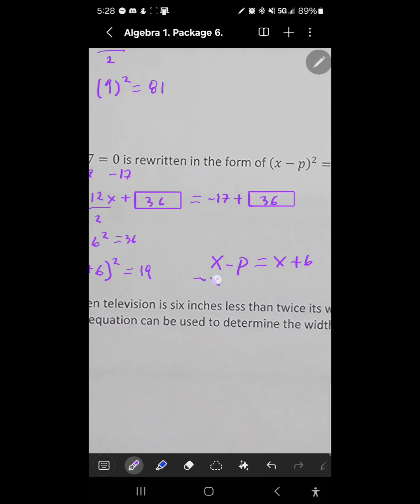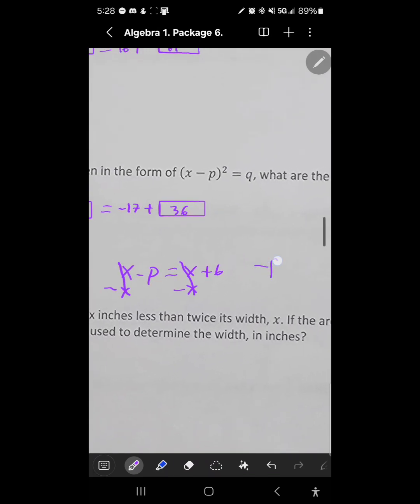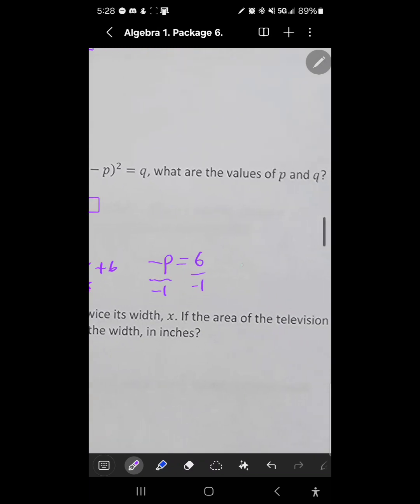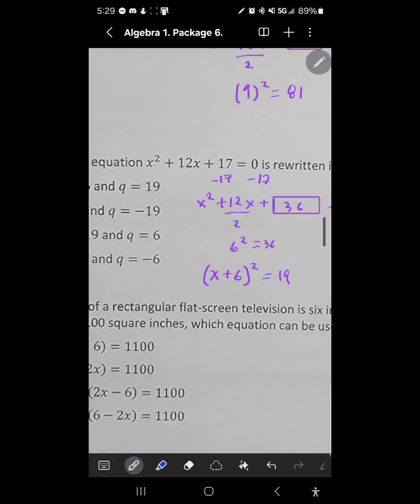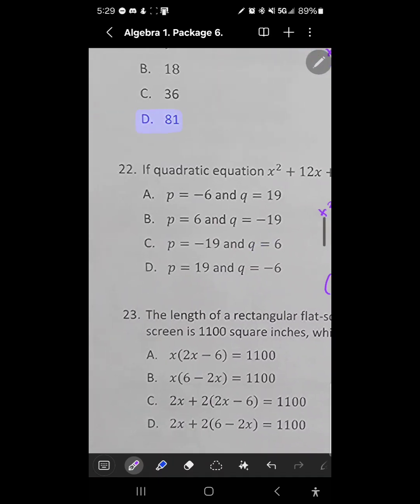So we can subtract x from both sides and just get rid of the x, and I have minus p equals 6. Now if I divide both sides by minus 1, we can cancel out the signs here, and I have that p equals minus 6, because our answer was positive. It was plus 6. So p must be equal to minus 6.